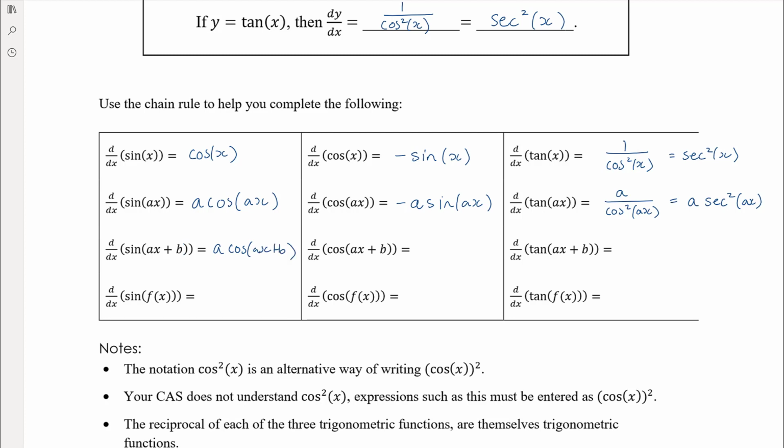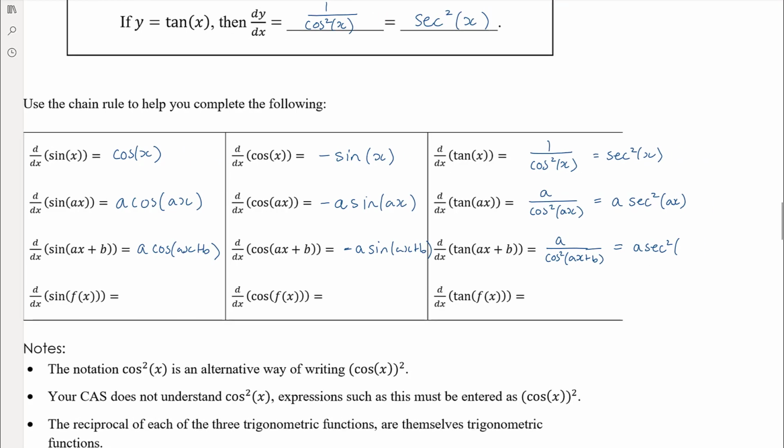Same for cos: negative a times sine of ax plus b. Tan, again it will be a over cos squared of ax plus b. Or that's the same as a times sec squared of ax plus b.